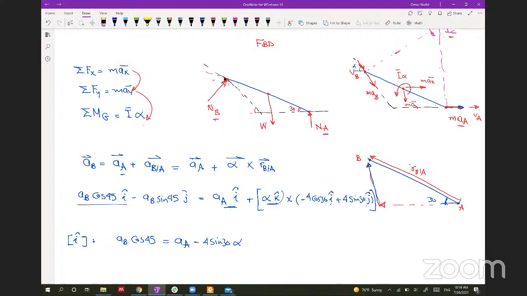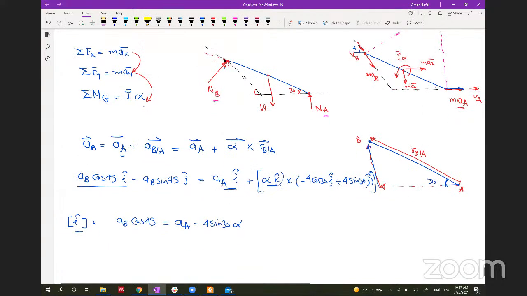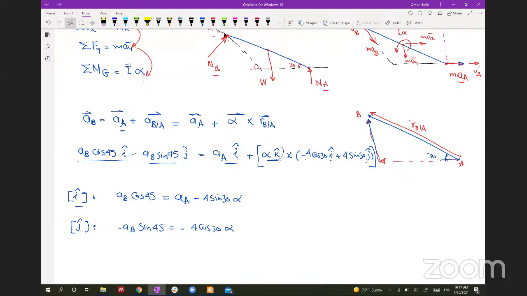So let's remove the I hat because we already have it outside. And this is for the I hat. So for the J hat, we have minus AB sine 45, and we have alpha. K multiplied by I will give you J, but we have negative here, so we'll have minus 4 cosine 30 multiplied by alpha. Okay, so based on this, we will be able to get the acceleration at A and the acceleration at B as a function of alpha.